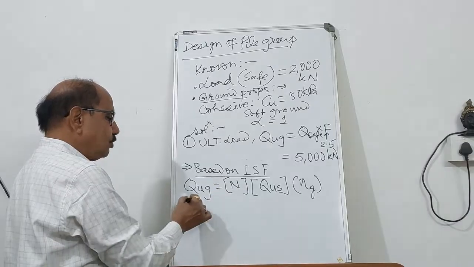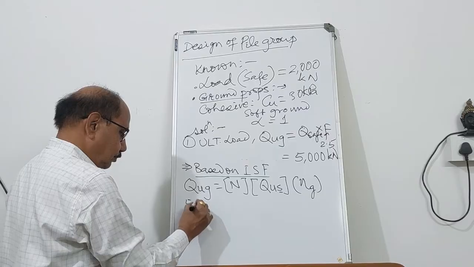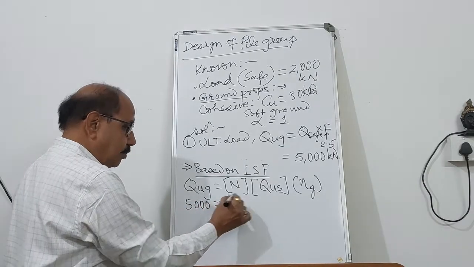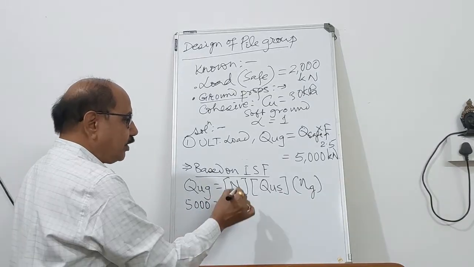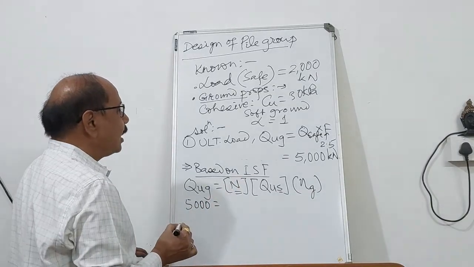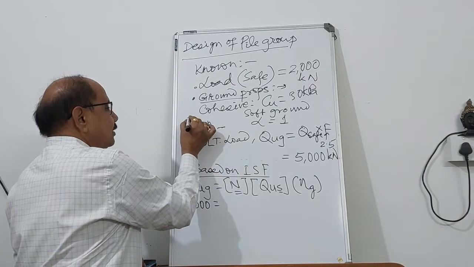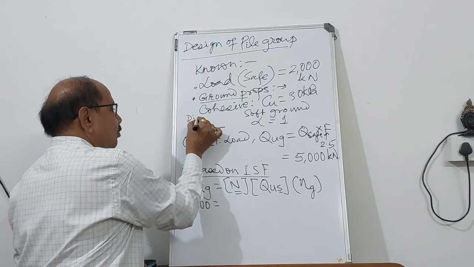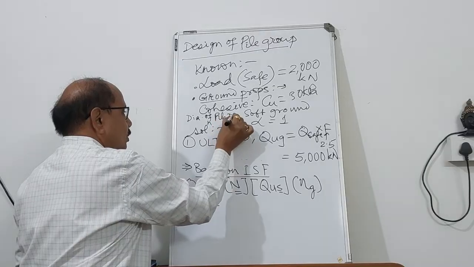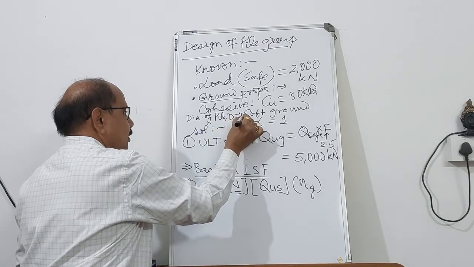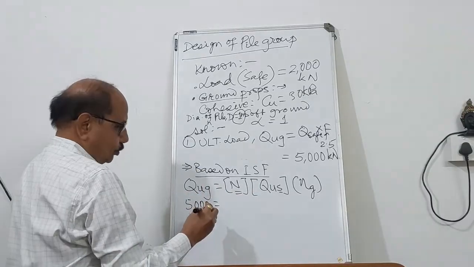So we are going to have QUG in kilonewton, that is 5000. The number of piles are not known to us. We know the load and we know this. And let's say the available diameter of the pile at the site is 1 meter. So D is known to you.